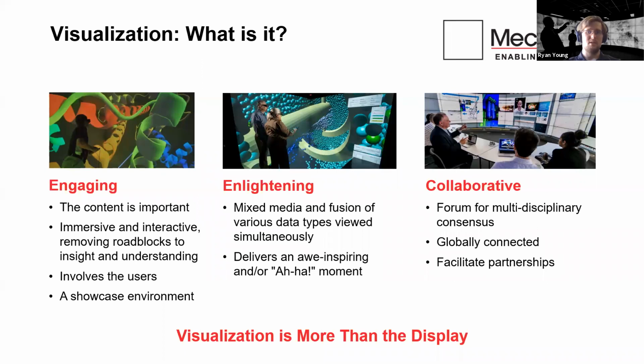Visualization is enlightening. As I mentioned before, exposing the obvious. The John Snow map could have just been a list of addresses in an Excel spreadsheet with a number of deaths, and we could sort it by deaths or sort it by location.